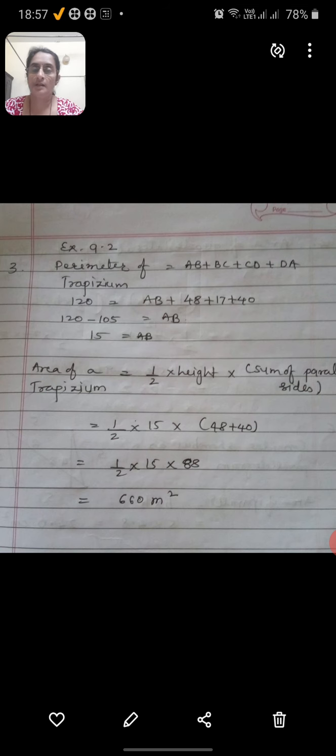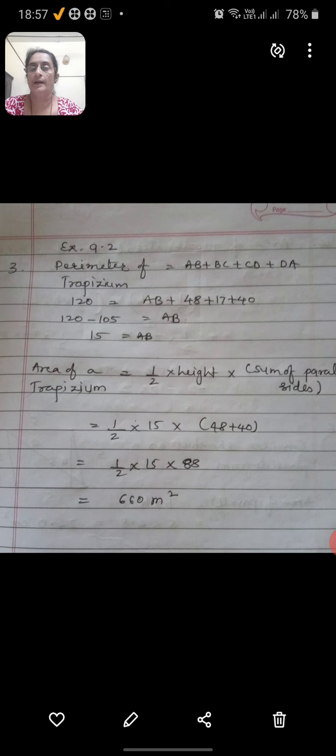Now you know, children, in a trapezium only one pair will be parallel and the other two are not parallel. To find out the area of the trapezium, we are going to use the formula half into height into sum of the parallel sides. First here the perimeter is given, that is 120 meters, and 3 sides are given, and the fourth side which is not given, that we have to find out.